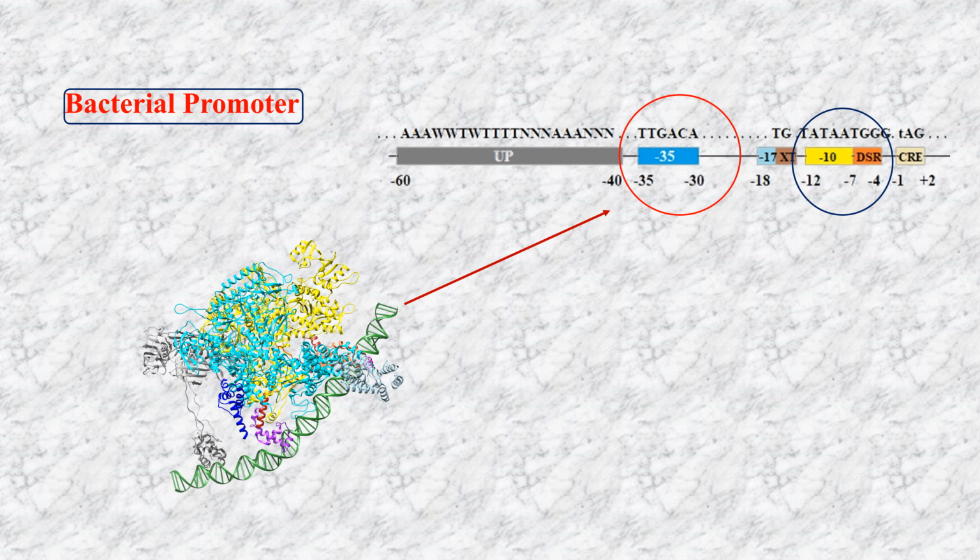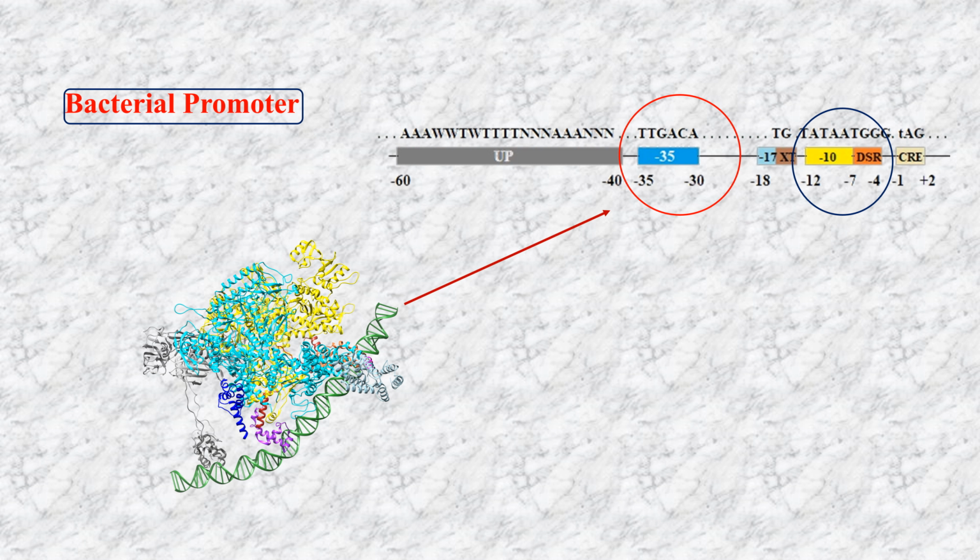Subsequently, a few other sequence elements were found to be present upstream or downstream of the -35 and -10 elements. For example, there is an AT-rich up element upstream of the -35 and a GC-rich discriminator downstream of the -10.